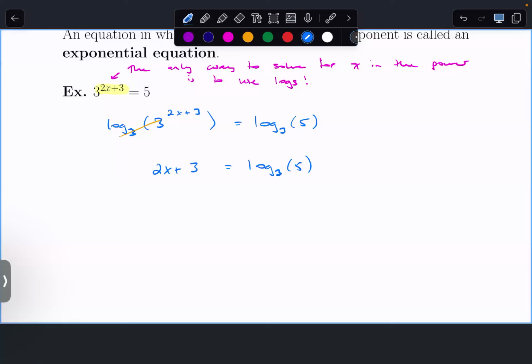So you can just treat it as a number. There's no x's in there. But I would prefer it if you just kept it as log base 3 of 5. Keep it exact by not finding the decimal version.